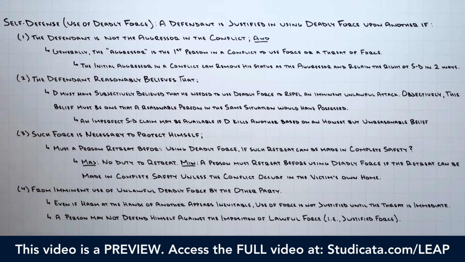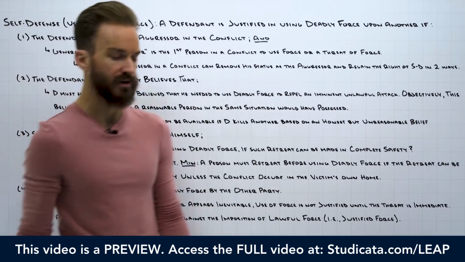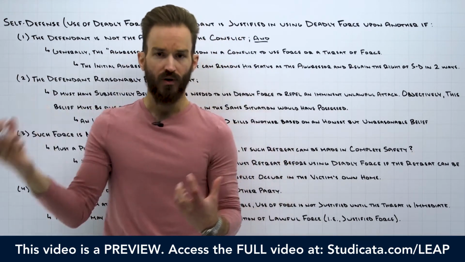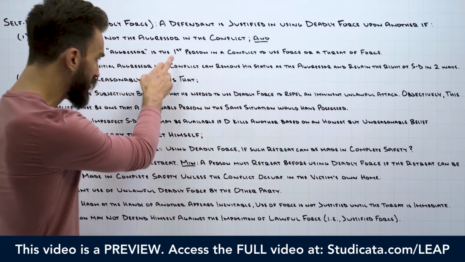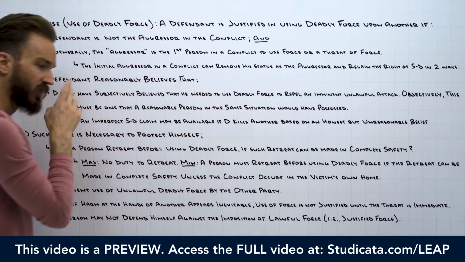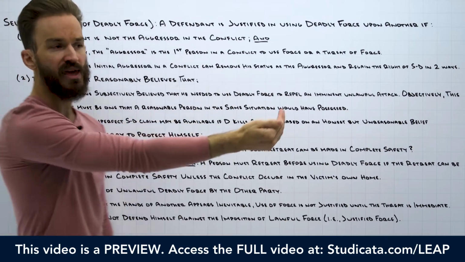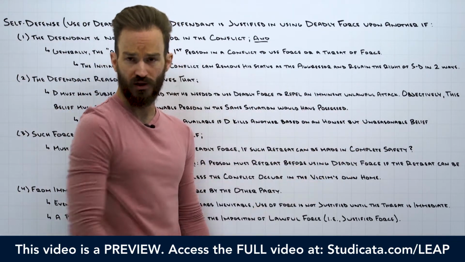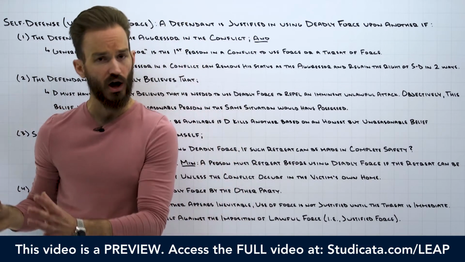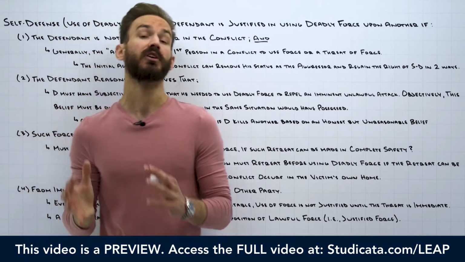So we always want to identify, in a conflict, right, someone has to have the status of aggressor, right? And it's going to be the first person in the conflict to use force or a threat of force. So if there's just insulting words being kind of tossed back and forth, right? In most jurisdictions, insulting words alone are not enough to be considered an aggressor.